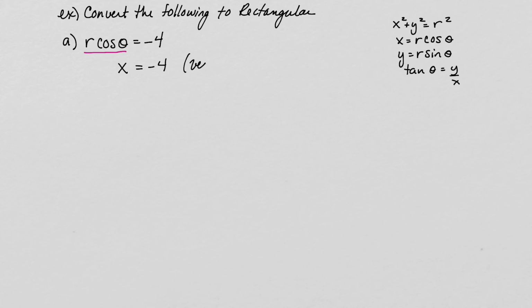That makes sense: r cosine theta is x, so I just have x equals that number.